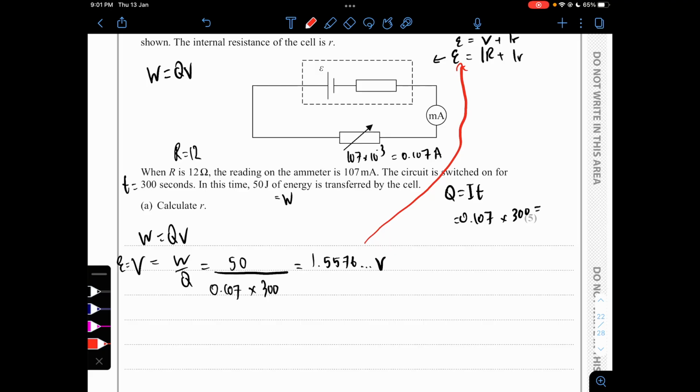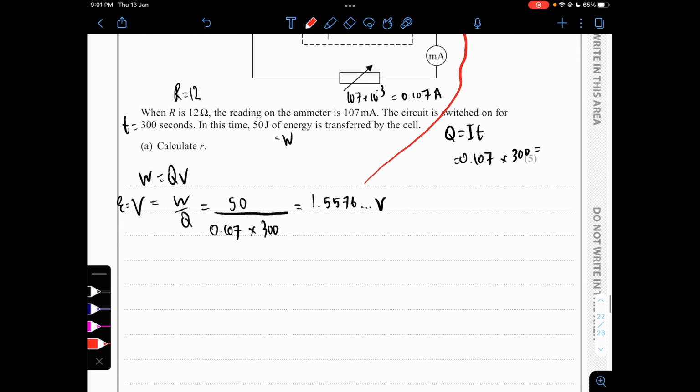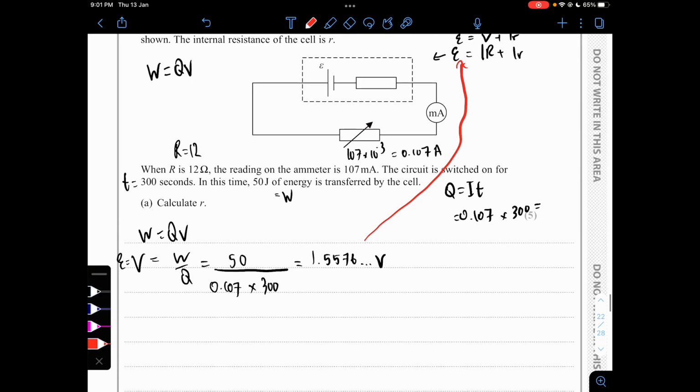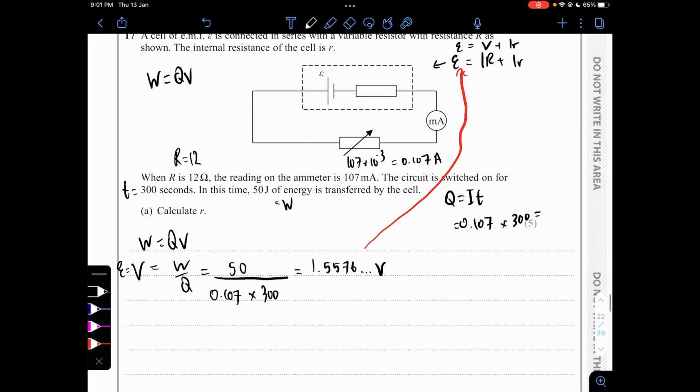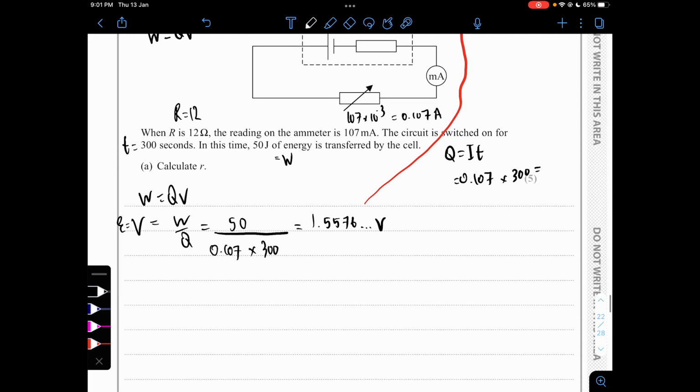What else can we do? We can write 1.5576 volts, or just leave it at that, equals IR, so that is 0.107 times capital R, which is 12, plus 0.107 times small r.